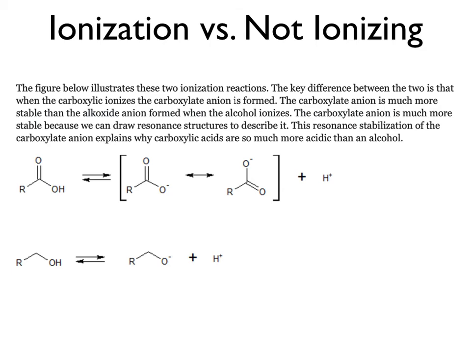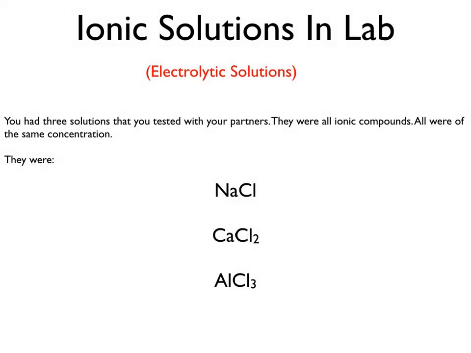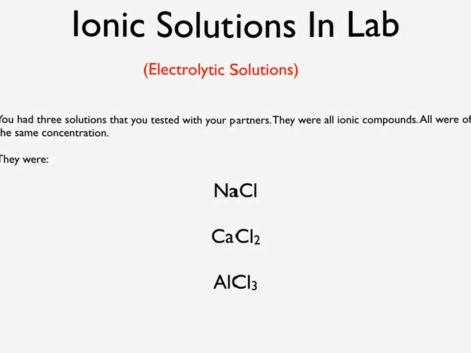In your lab specifically then, you had looked at these three ionic compounds and you should have found that they were electrolytic, and you should have noticed that they varied in how much electricity was flowing, and you can see from their structure that there would be some hint as to what caused the variation in the amount of electricity recorded by your LabQuest.